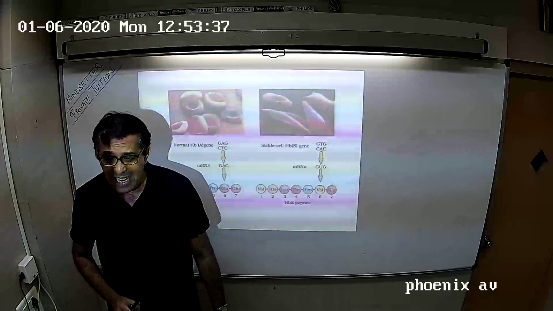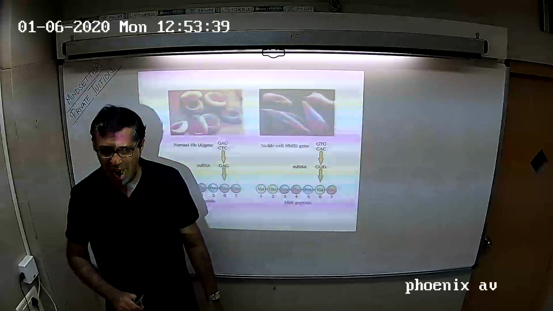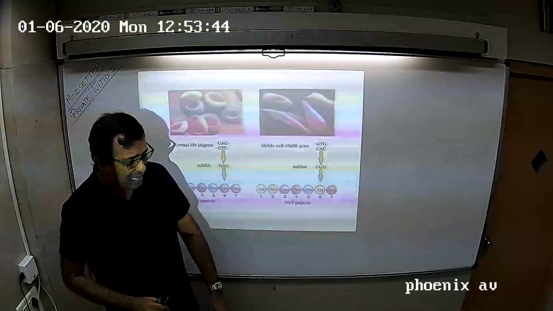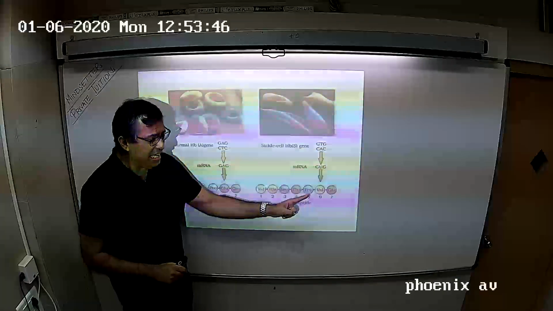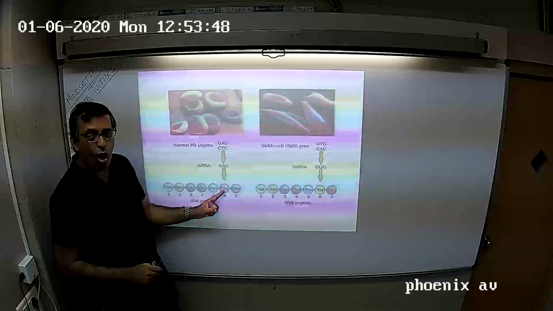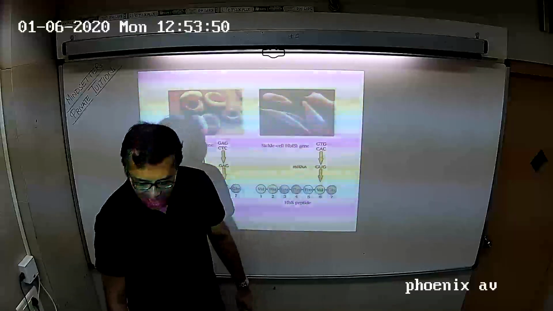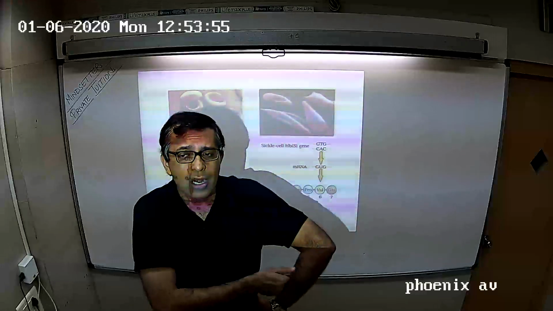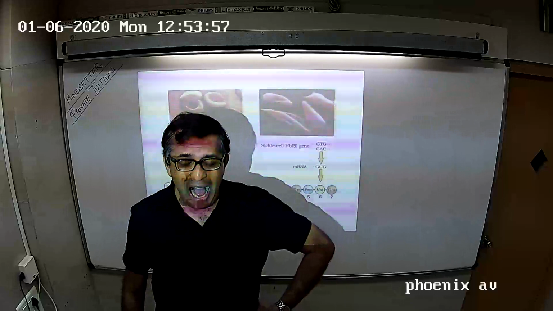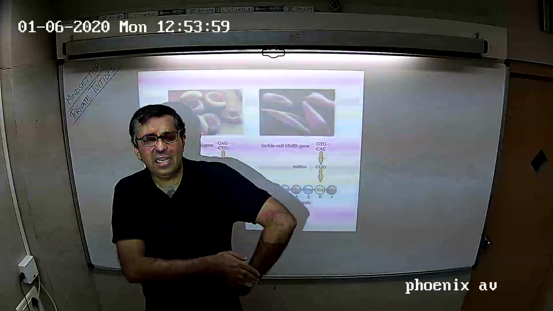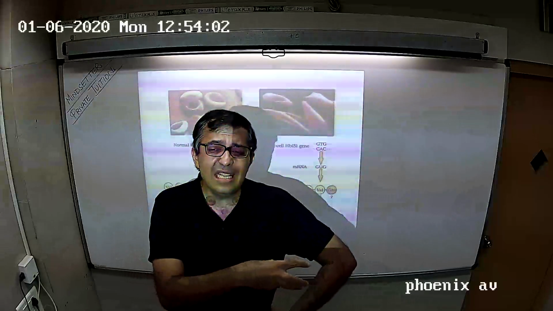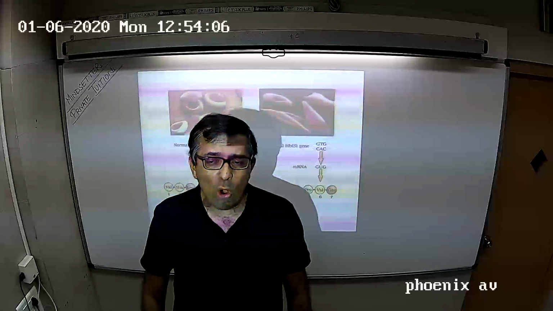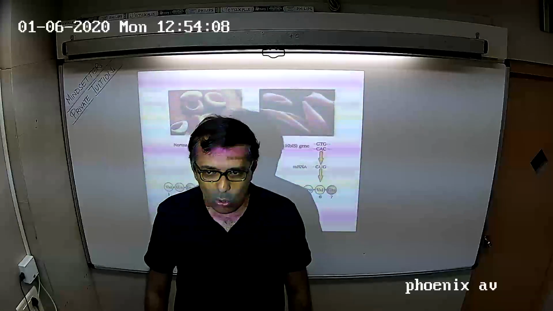So valine is the 6th amino acid in the beta chain of hemoglobin, and that means valine is there as a substitute for glutamic acid, and that means the beta globin chain has undergone a mutation, and this mutated beta globin chain loses its oxygen binding capacity. तो उसकी ऑक्सीजन बाइंडिंग कैपेसिटी कम हो जाती है.